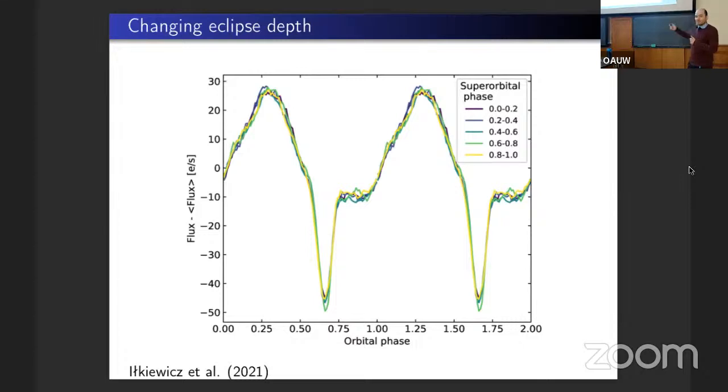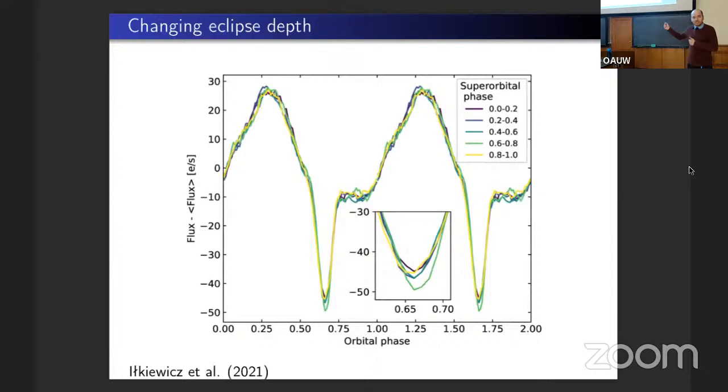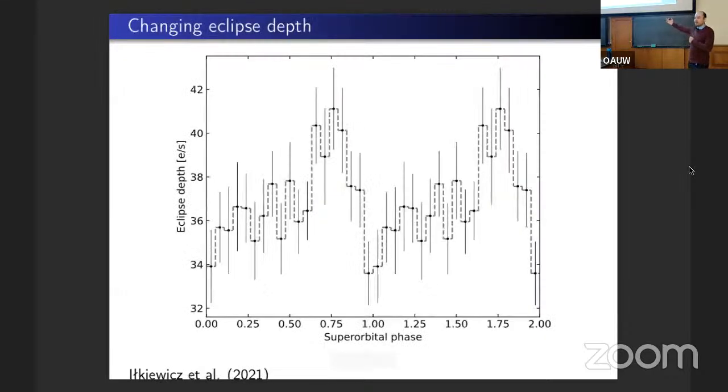And when we zoom into the eclipses, we see that for each phase, the eclipse is slightly different. And this is a more quantitative way of showing that. On the x-axis, we have superorbital phase, so the phase of the precession of the accretion disk, and on the y-axis, we see how big the eclipse was at every phase. And we can see there is a maximum and there is a minimum there.